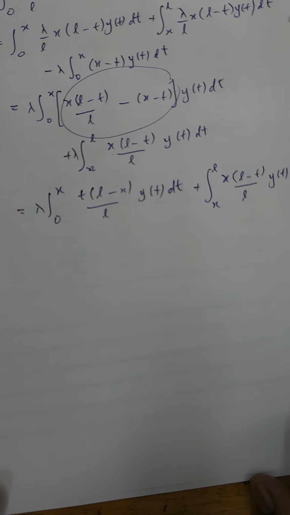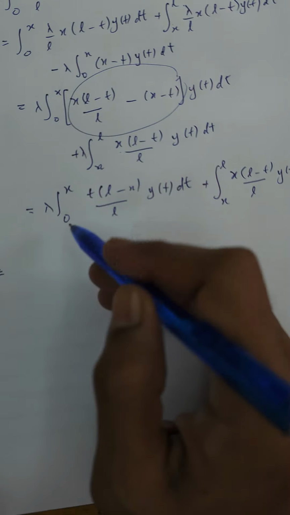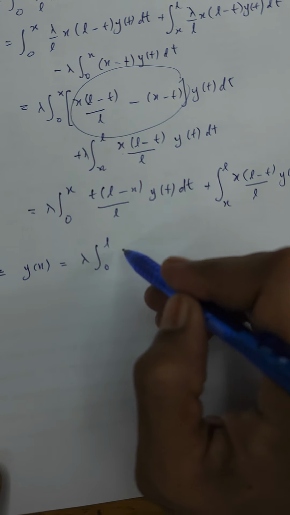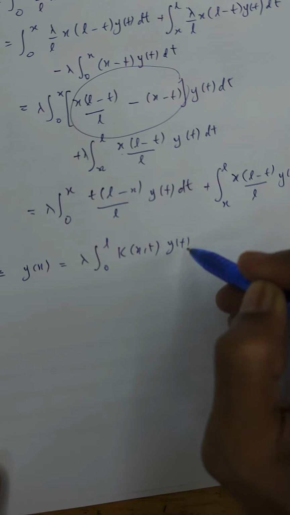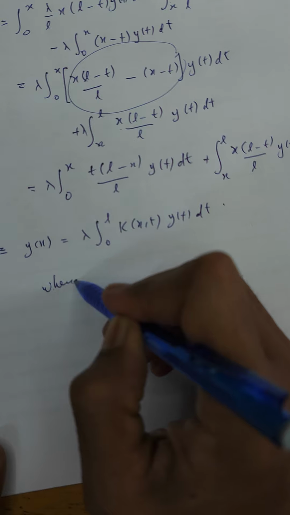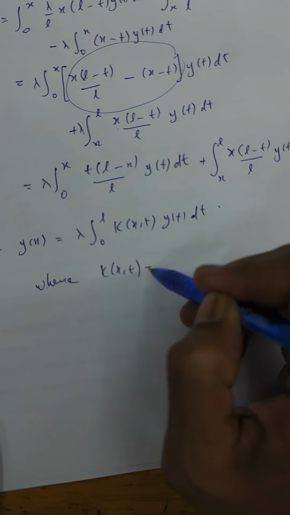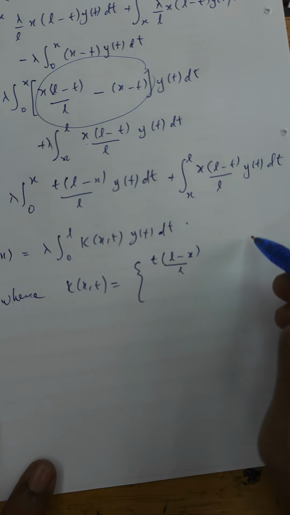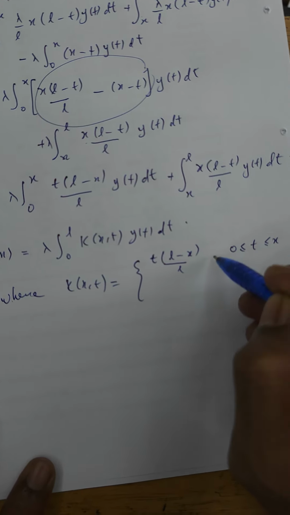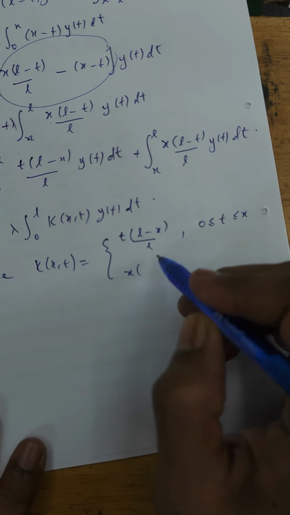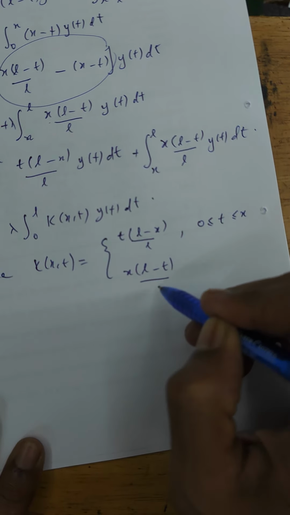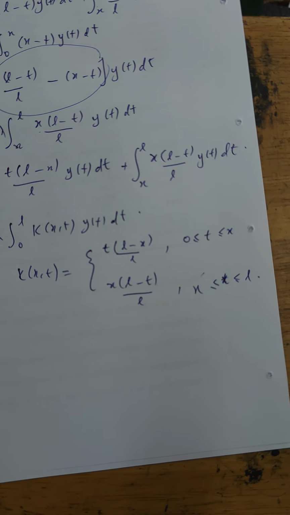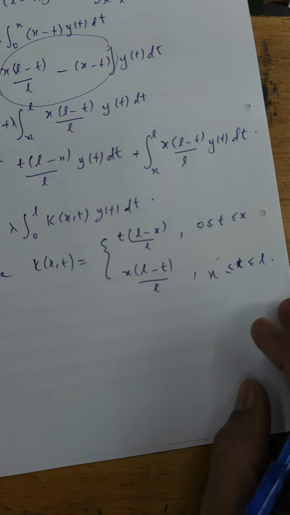So if you recognize, this is just the same as y(x) equal to lambda integrate 0 to L, k(x,t) y(t) dt, where your k(x,t) is given as t (L minus x) over L for t between 0 and x, and x (L minus t) over L for t between x and L. So this is the homogeneous Fredholm integral equation of the second kind.